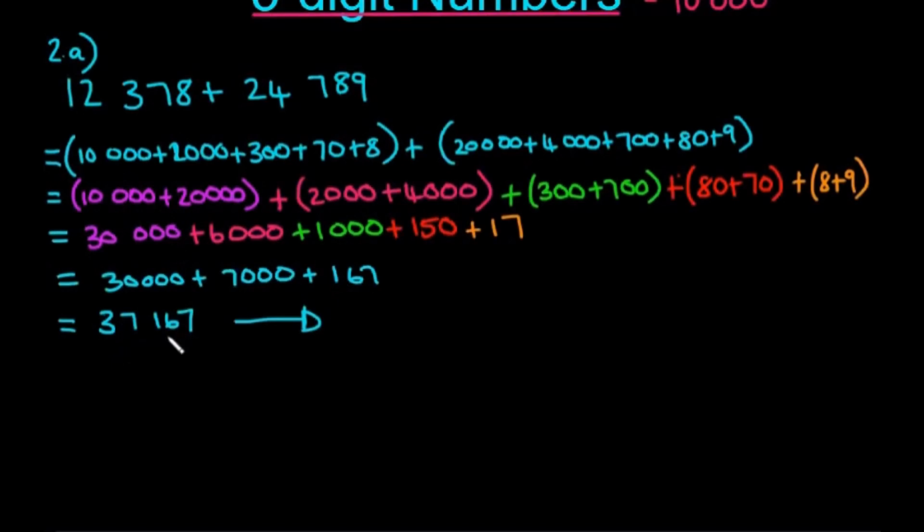As you can see, we first used expanded notation, put them in our different place values, added them all together. The last one, I added the units to the hundreds, and that gives me my final answer there at the bottom.